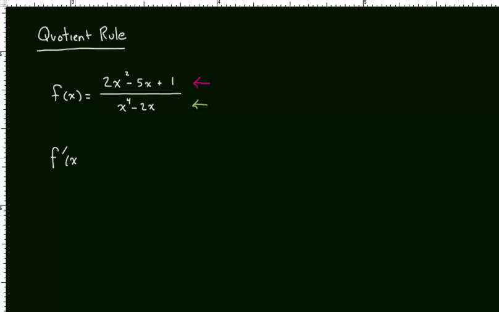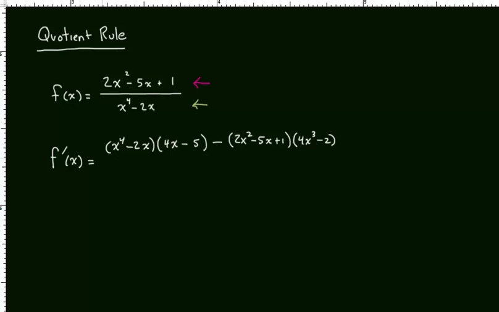So let's not get bogged down with notation. Let's just execute here. So we have bottom times the derivative of the top, and the derivative of the top, 4x minus 5, minus the top, 2x squared minus 5x plus 1, times the derivative of the bottom, 4x cubed minus 2.